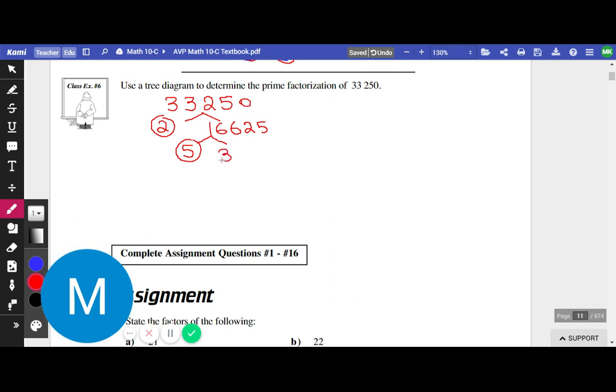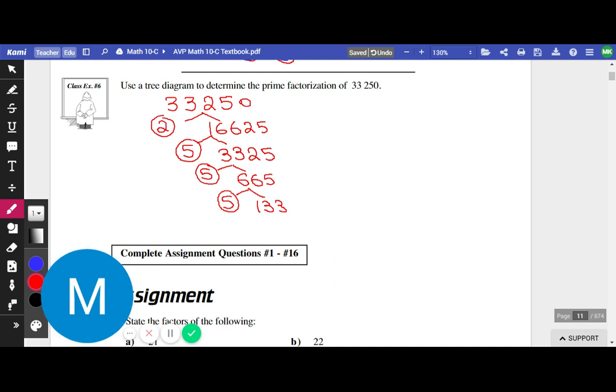And you get 3,325. You divide that by 5 again. 665. You divide that one by 5 again. And you get 133. 133 might be prime. It is not.